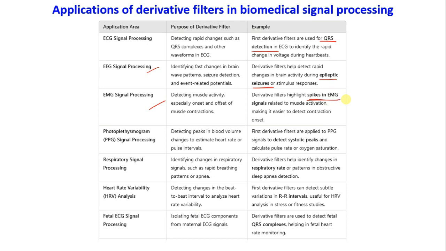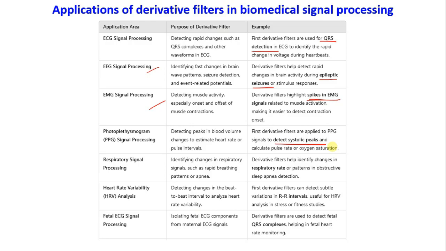Say for example, detect systolic peaks. What is a systolic peak? Systolic means when there is a contraction of the heart muscles, so there is a sudden increase in the blood pressure levels. Again, that is nothing but a sudden change in the amplitude level, and it is nothing but high frequency components, right?